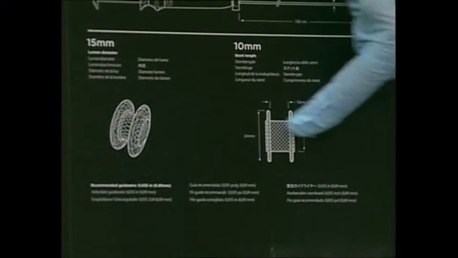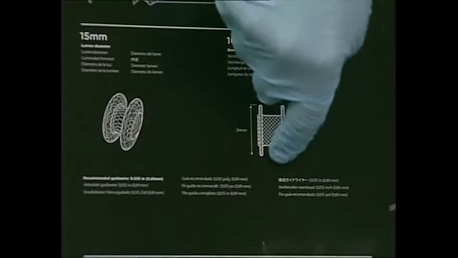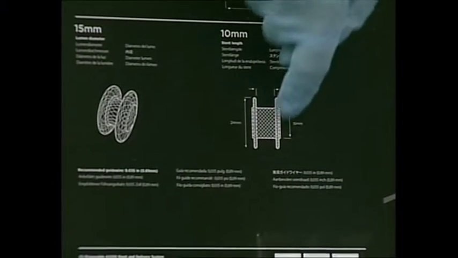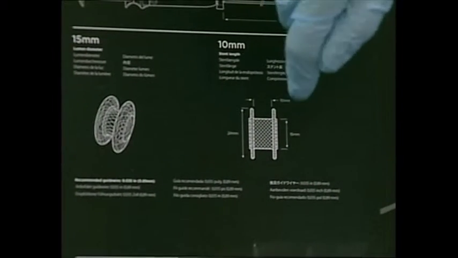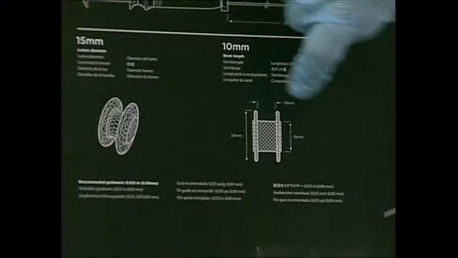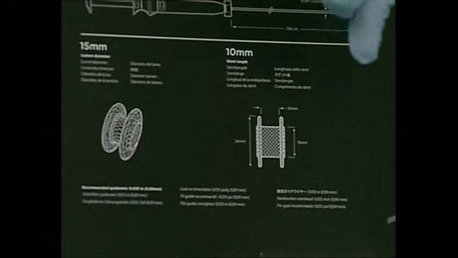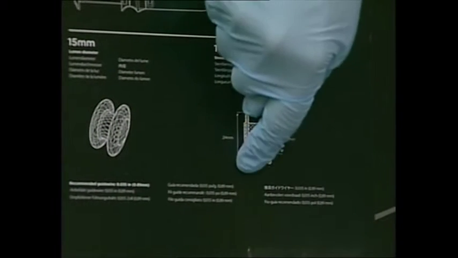The length of the stent is 1 centimeter. The diameter of the tubular portion, or what we call the saddle here, is going to be 15 millimeters in this case. It also comes in a 10. Now the flanges here, of course, are wider, and they are, I think, 27 millimeters in total diameter.